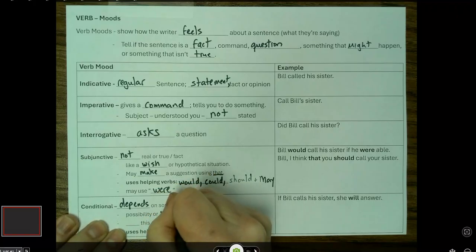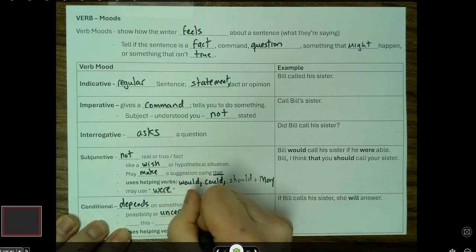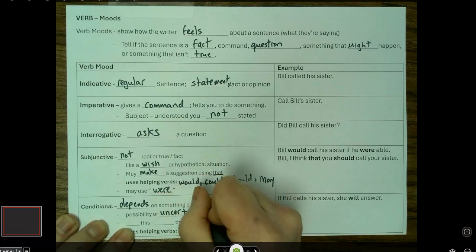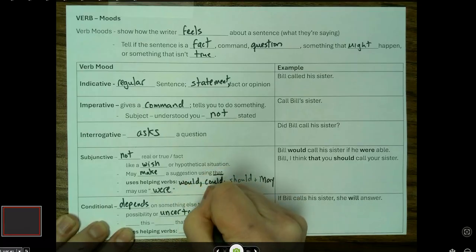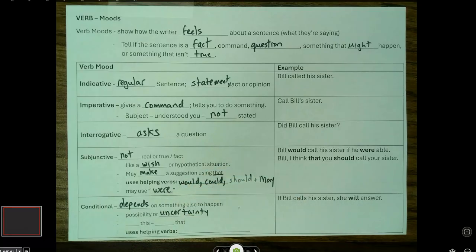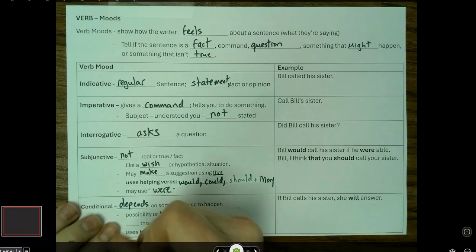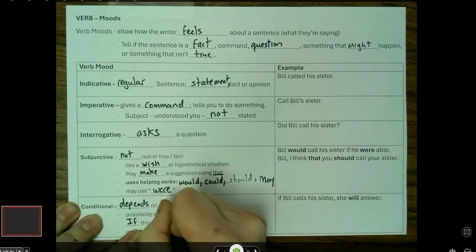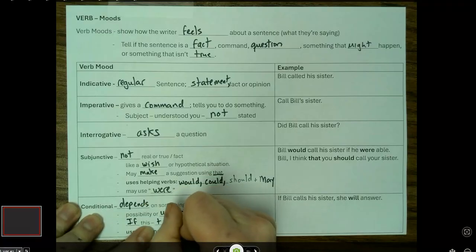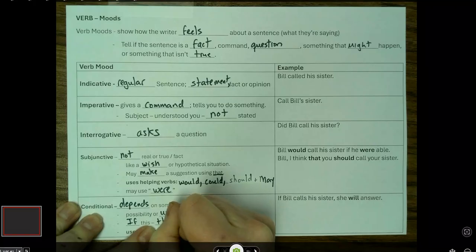Uncertainty, C-E-R. Okay, so something you don't know is going to happen or not. And it's usually kind of an if-then type relationship. So if this happens, then that happens, okay?